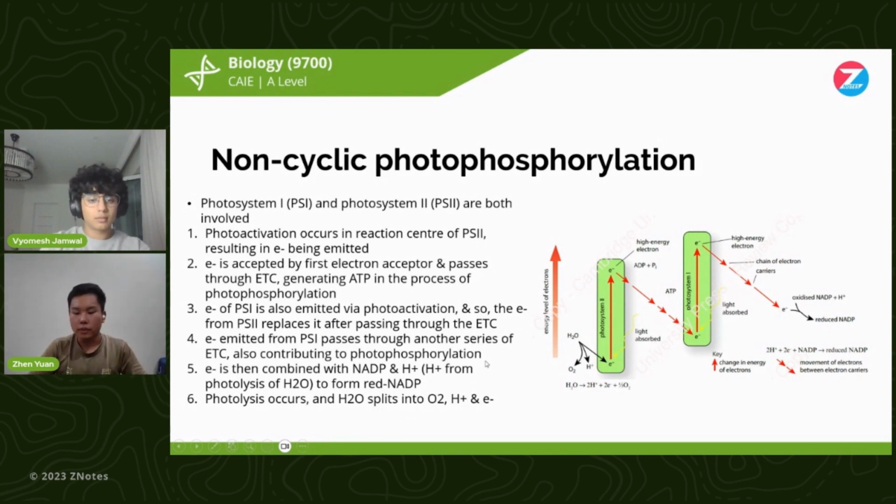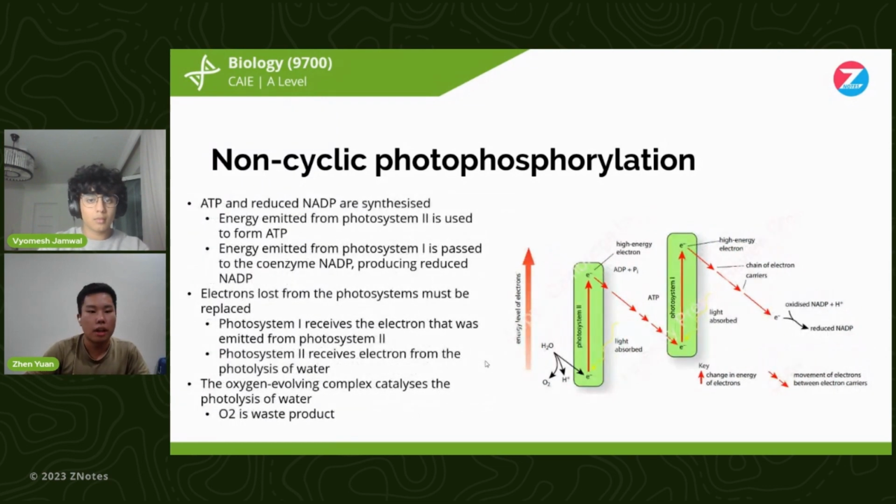So yeah, that's kind of the basis, everything you need to know about cyclic and non-cyclic photophosphorylation. And there's actually a bit more here. ATP and reduced NADP are synthesized, energy emitted from photosynthesis. These are just the properties of non-cyclic photophosphorylation.